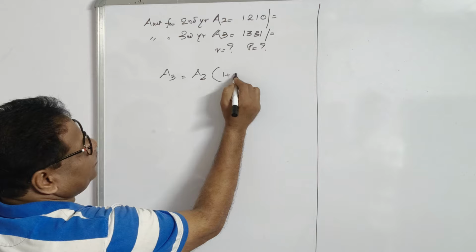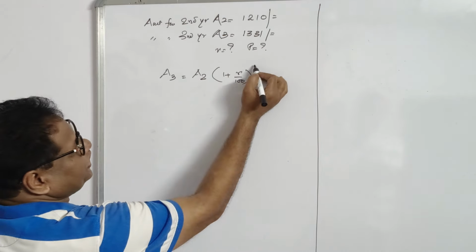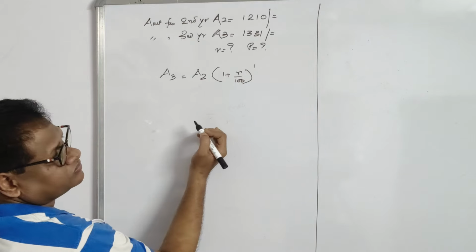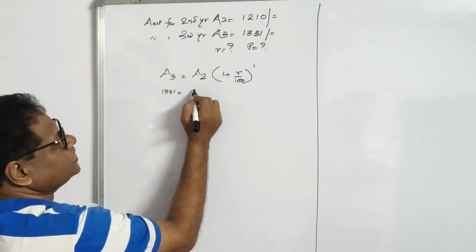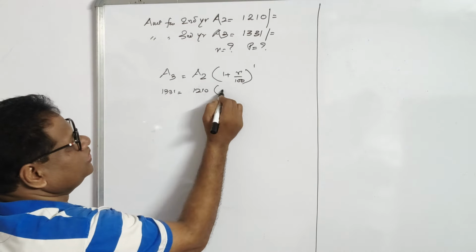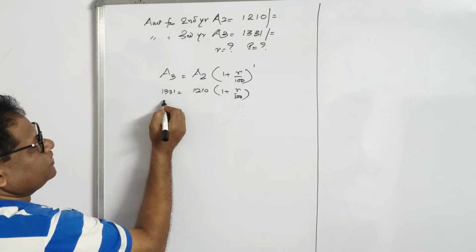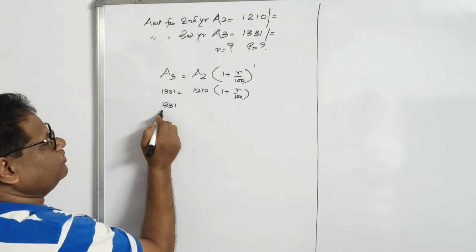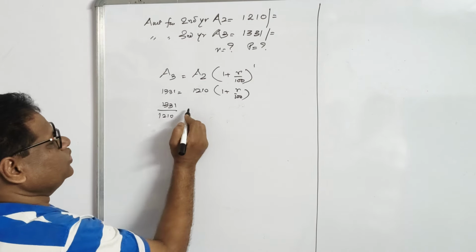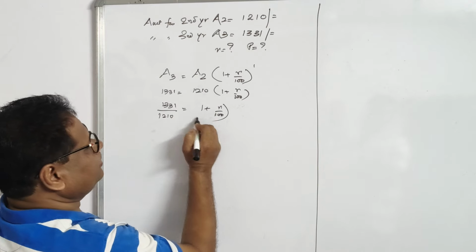and apply the formula A3 equals A2 into 1 plus R by 100. The time difference you put over here, right? So A3 is known to you, 1331, second year 1210. Then you can find the rate of interest, right? So transfer this over here because this number is multiplying. So it comes to 1331 by 1210, which is equal to 1 plus R over 100. Okay.